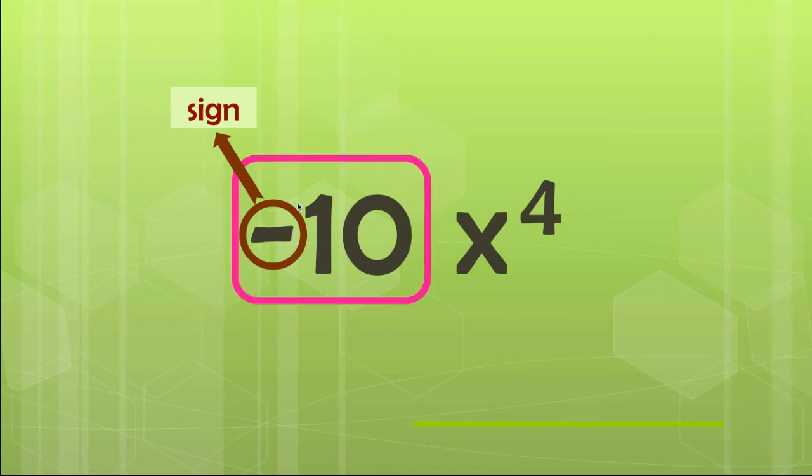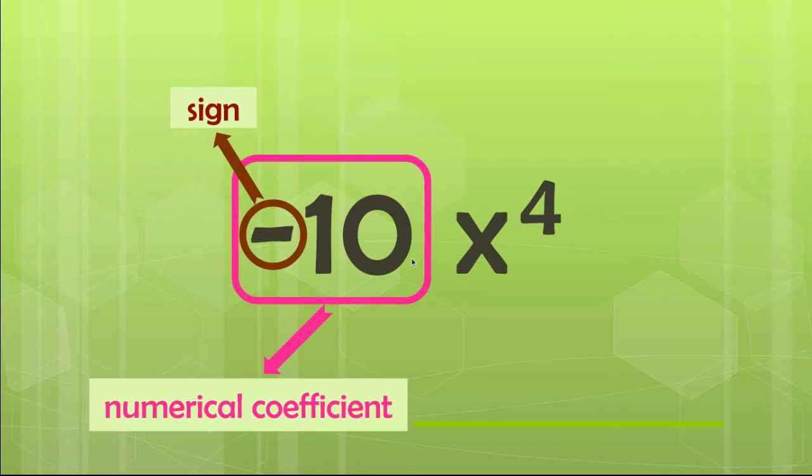This negative 10, which is enclosed in this pink box, refers to the numerical coefficient. The numerical coefficient is the number with sign included that appears before the variable. As you can see, negative 10 here is the number that appeared before the variable x.